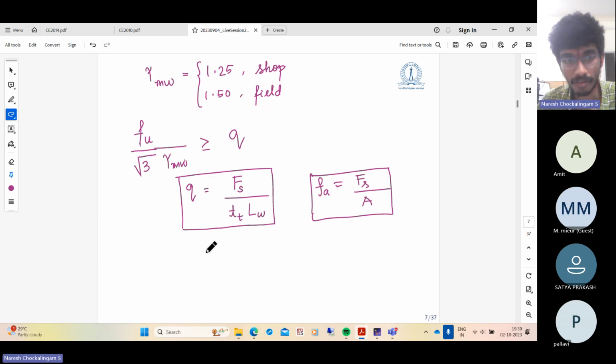So under a combined state of loading, we have Fa based on the von Mises yield criteria. We know Fa square plus 3 times Q square.